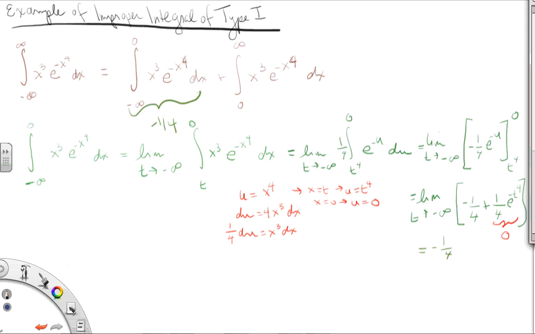The second one's going to be very much the same. Why don't we do that one in blue? It's going to be the same antiderivative.